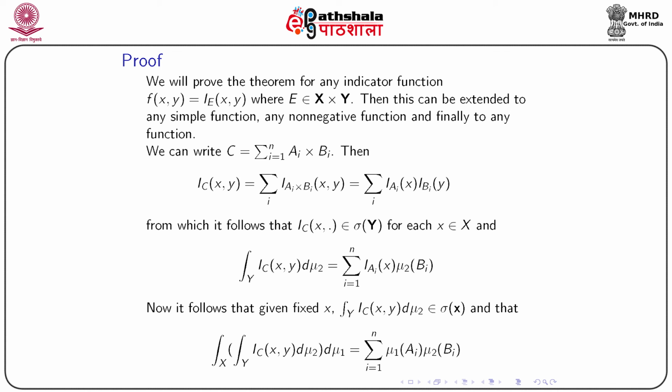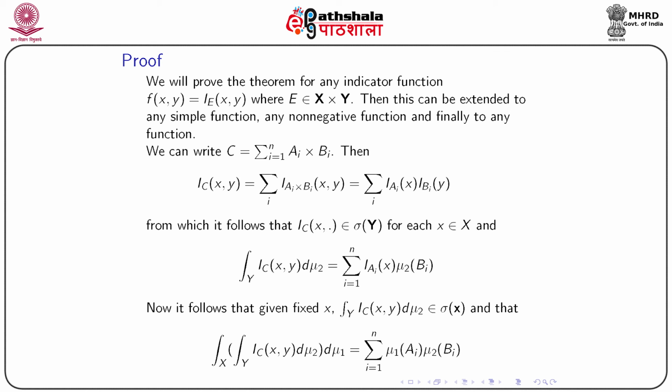Then finally we can extend the whole concept to any function. So we will start with the basic thing, that is the theorem for the indicator function. So we take f(x,y) as I_E(x,y), where I is the indicator function and E belongs to X cross Y. Then this can be extended to any simple function as I have mentioned.